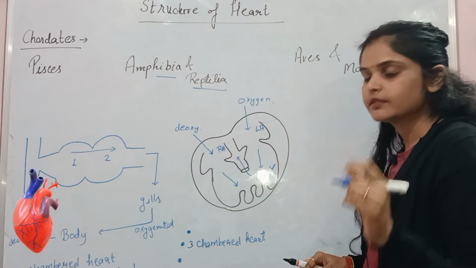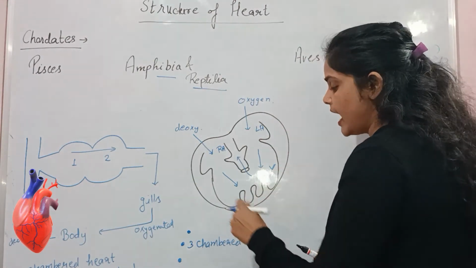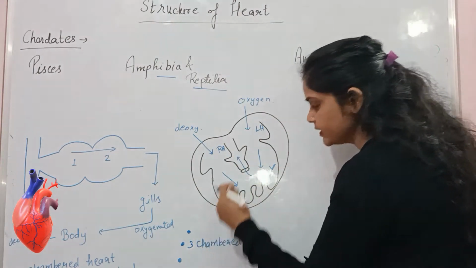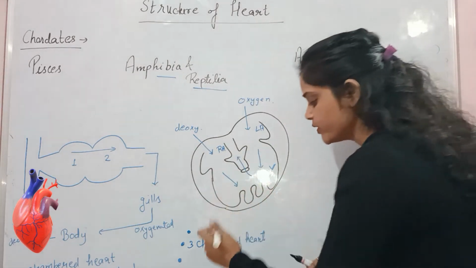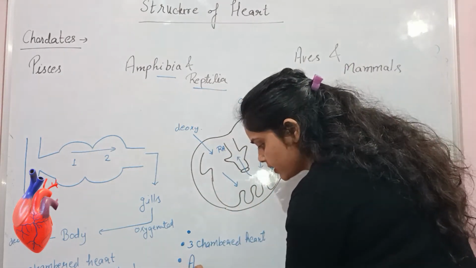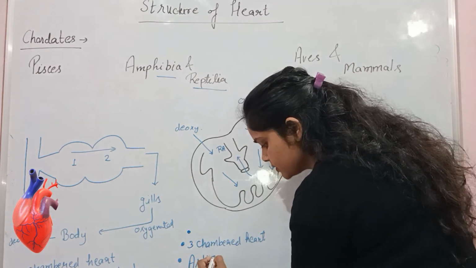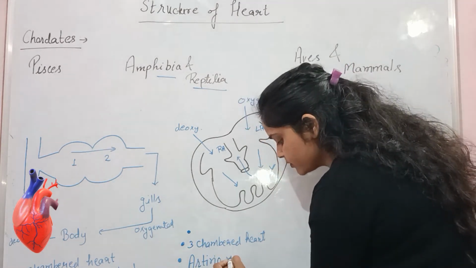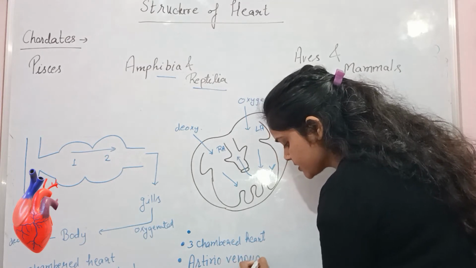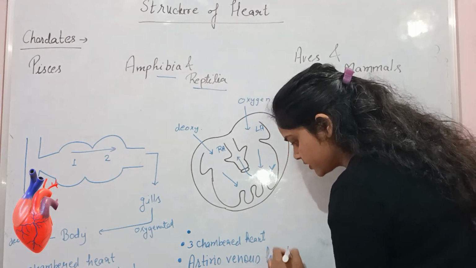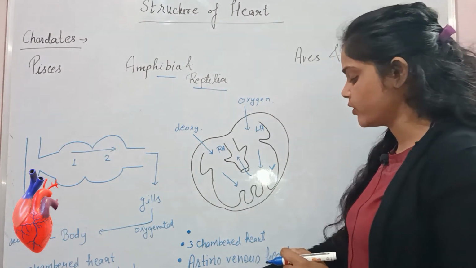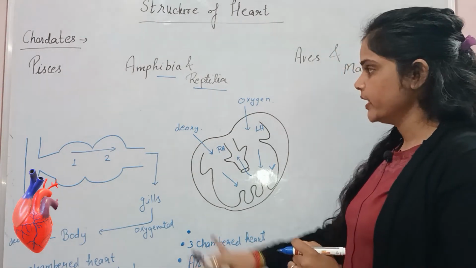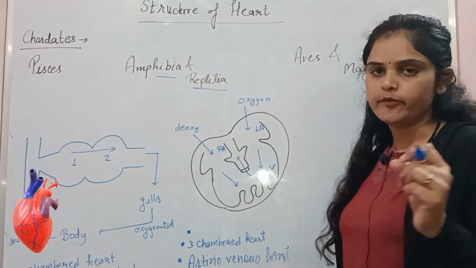Here the atrium and ventricle both are involved in the transmission of blood, so we say it is an arteriovenous heart. It is seen in reptilia and amphibians.